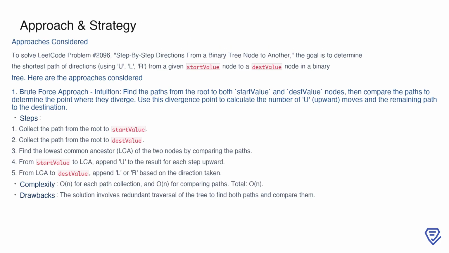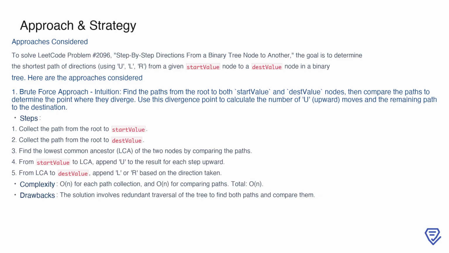To solve problem number 2096, the objective is to find the shortest path in a binary tree from a starting node to a destination node. The result should be a sequence of directions using U, L, and R, representing upward, leftward, and rightward moves, respectively. The brute force approach begins by identifying the paths from the root node to both the start node and the destination node.